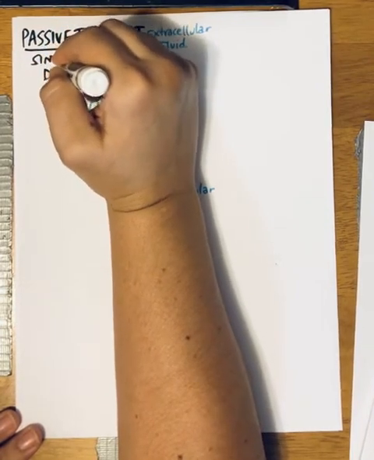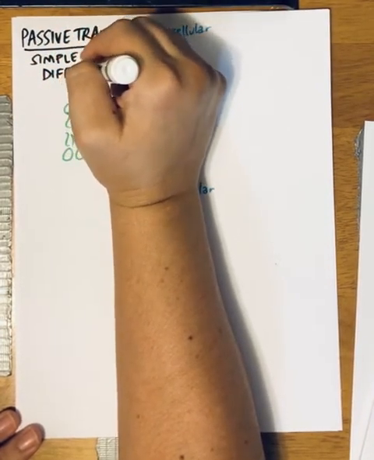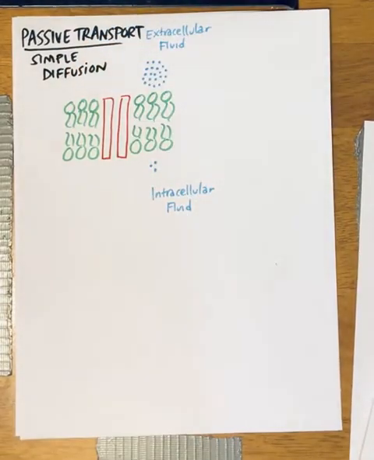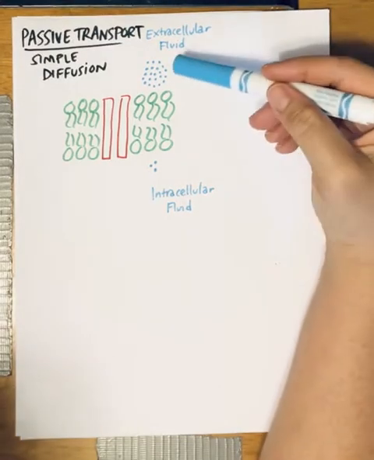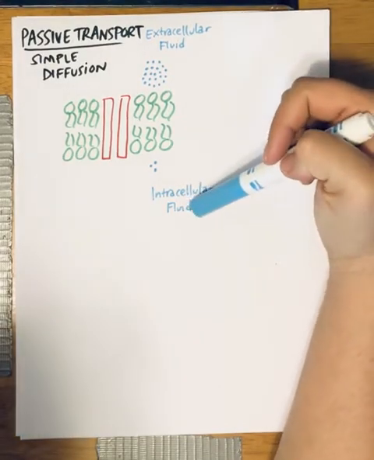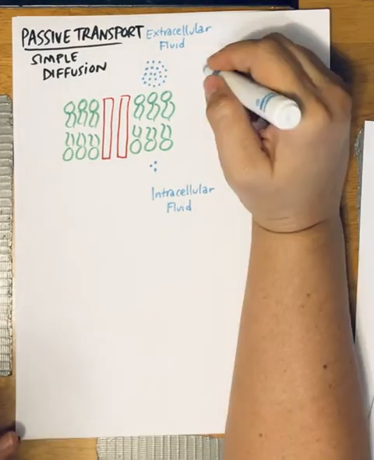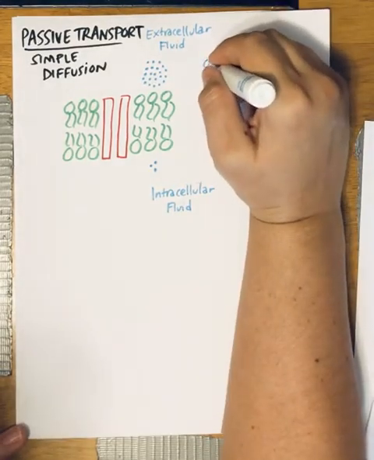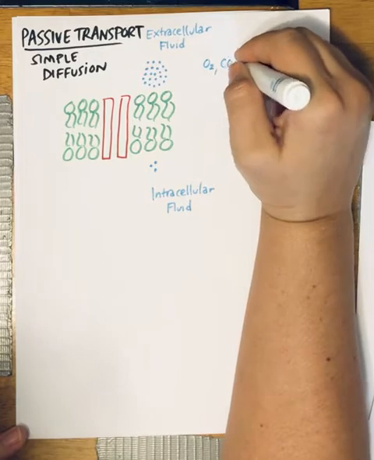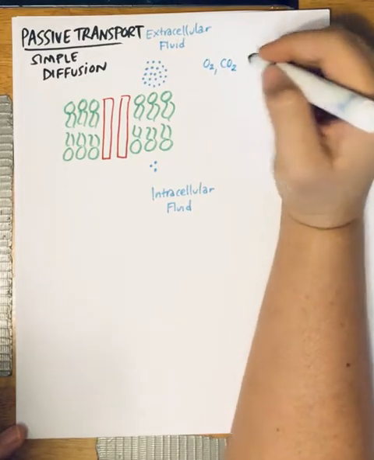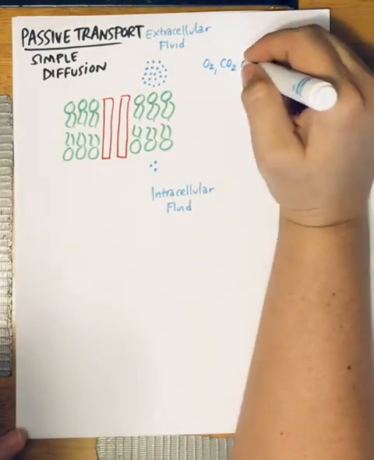Simple diffusion is the movement of very small molecules from high concentration to an area of low concentration. So when you think of simple diffusion, this is going to be like oxygen gas, CO2, anything that's very, very small molecules.